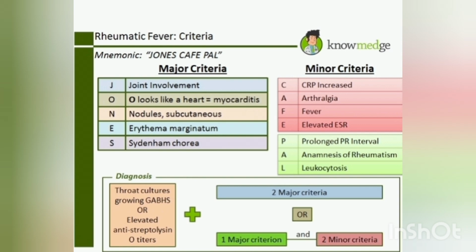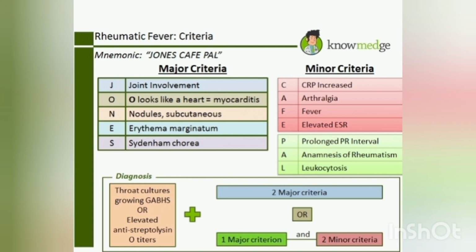The diagnostic criteria for acute rheumatic fever is 2 major criteria, or 1 major plus 2 minor criteria. If there is recurrent acute rheumatic fever rather than initial acute rheumatic fever, 2 major criteria, or 1 major plus 2 or 3 minor criteria are required.